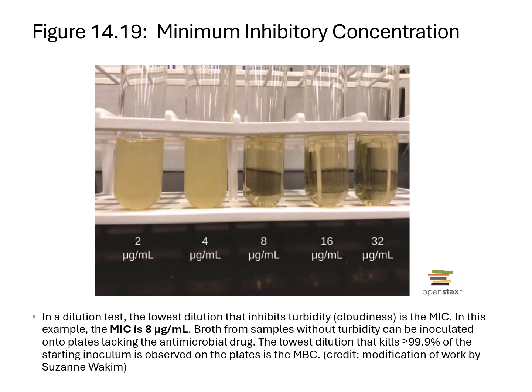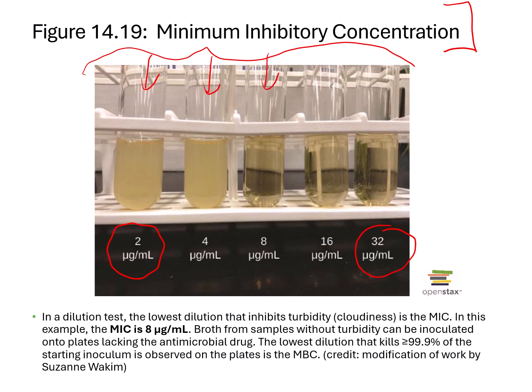Here's an example of that MIC test, the minimum inhibitory concentration test. So what we do is, for instance, take several test tubes and we're going to serial dilute the drug in liquid broth. So you can see this is the lowest concentration of the drug up to the highest concentration of the drug. And then we add equal amounts of bacteria to each of the different drug dilutions and we incubate them overnight.